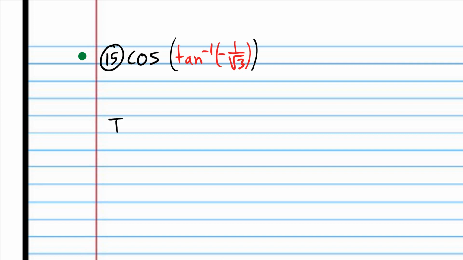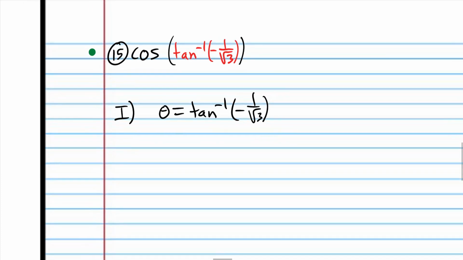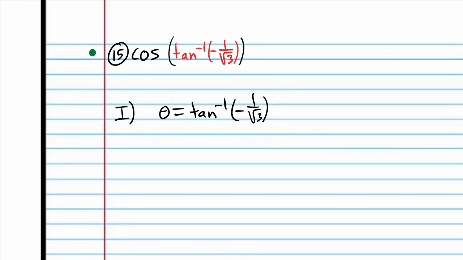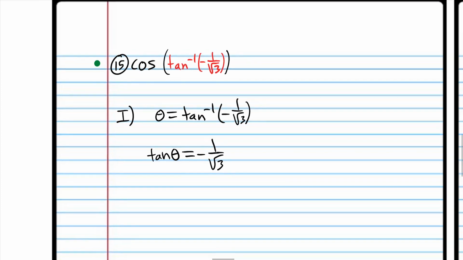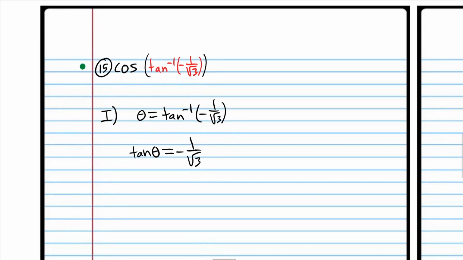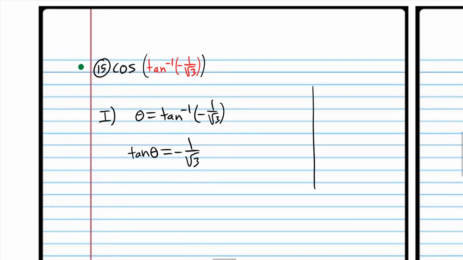Okay, we're back. So again, we're going to start by finding the value of the inner expression, but we don't know what that notation means, so we have to set it equal to theta and then convert it to this equation. Now we know what it's actually asking us. So tangent is negative in the second and the fourth quadrants, and you may recognize that ratio.